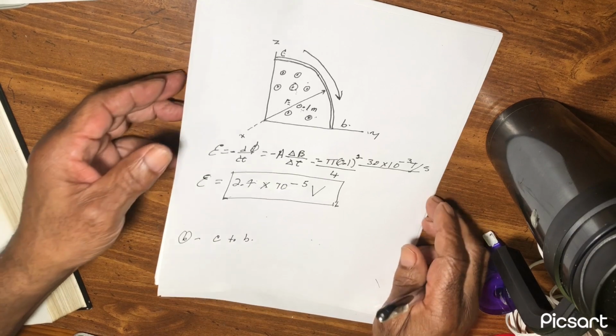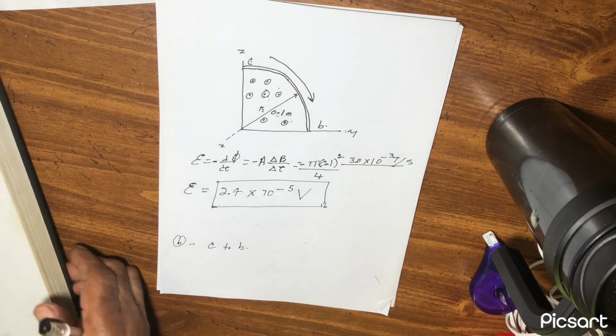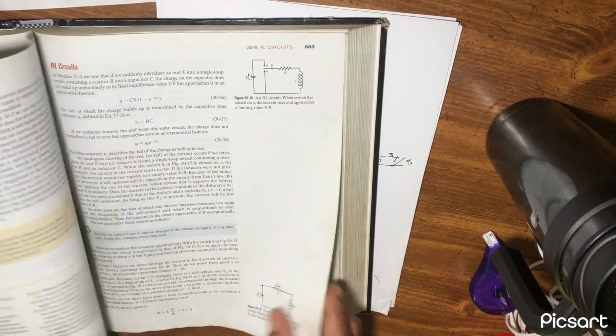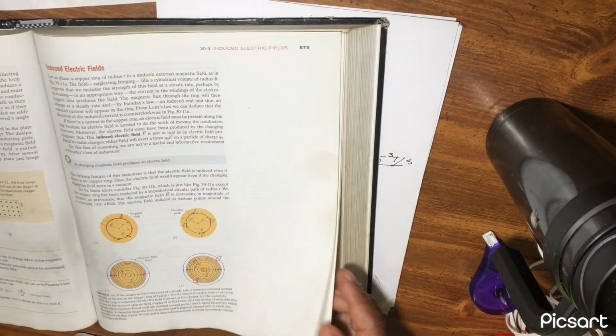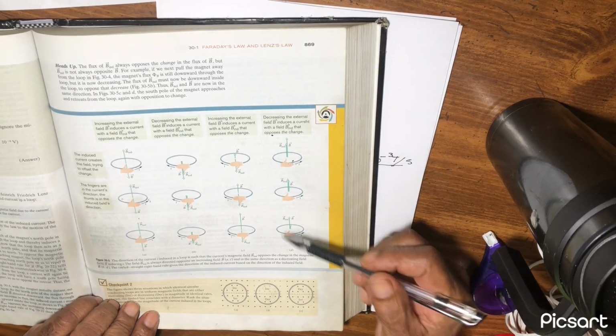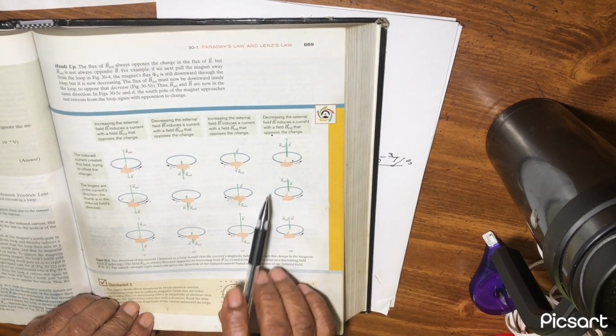Learn your right-hand rule so you can figure out which way the current is flowing. And also you have, if I can find it real quick, this aid in the book to help you figure out which way the current is going.